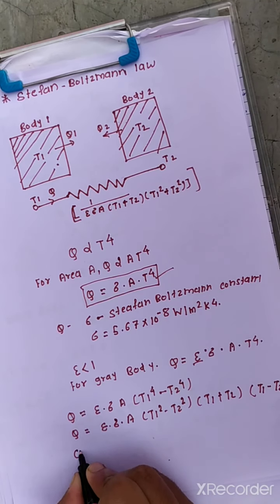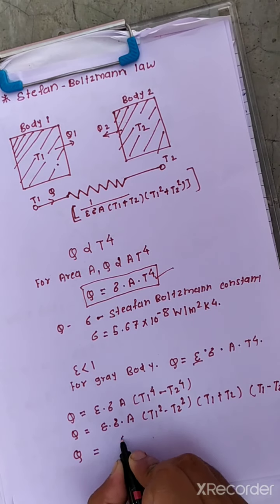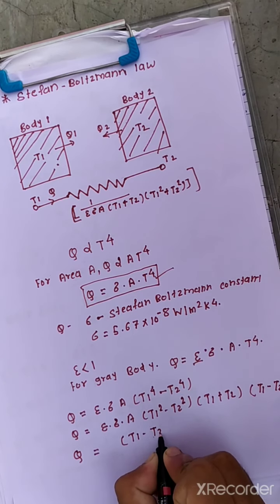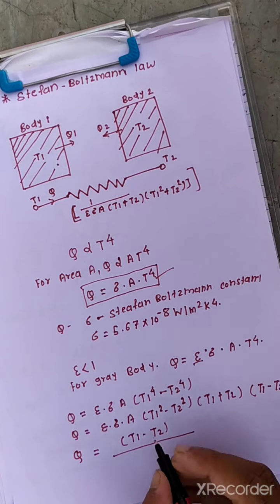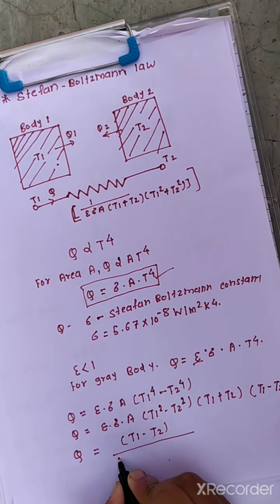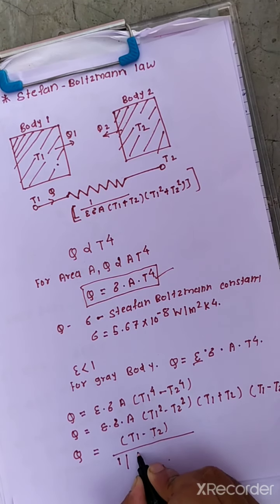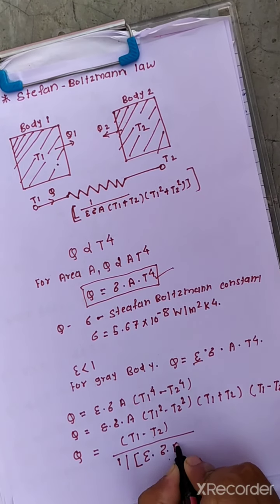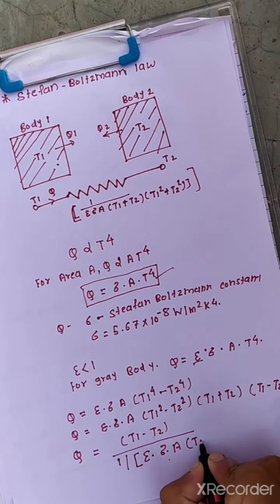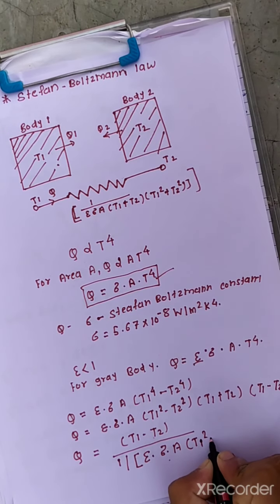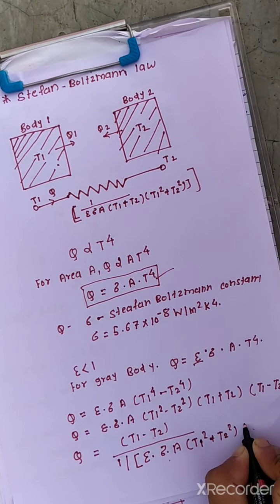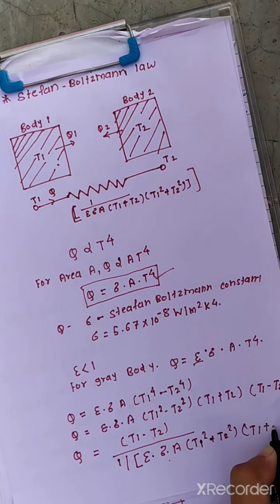So Q is equal to (T1 minus T2) upon 1 upon eta into sigma into A into (T1 square plus T2 square) into (T1 plus T2).